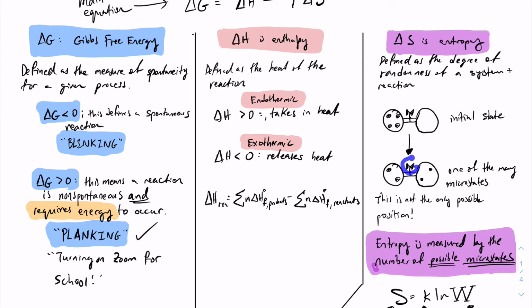If I were to release this lock, we might think that two of these perhaps will flow over here, because this is nice and balanced. However, this is just one of the many potential microstates or positions that these molecules can find themselves in.